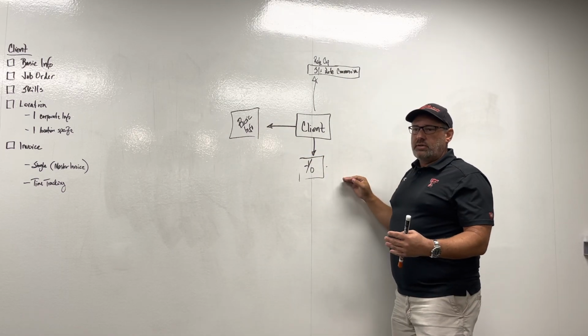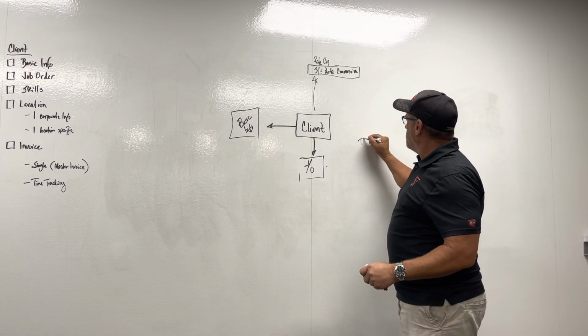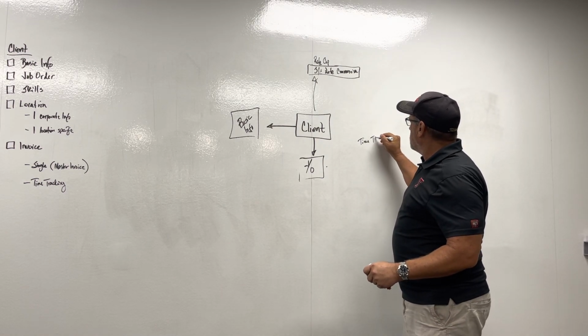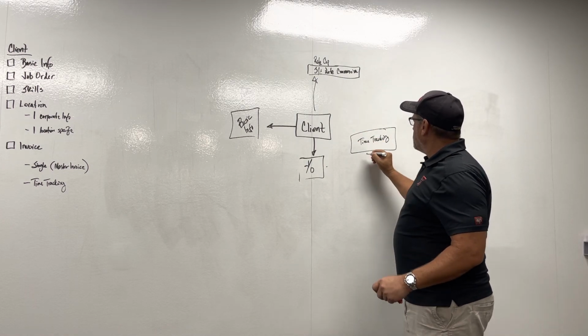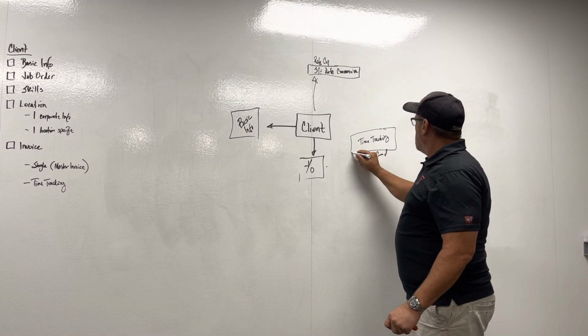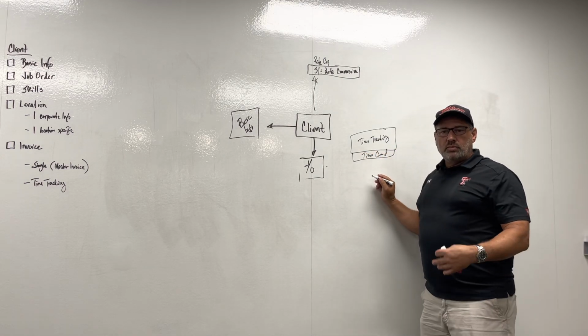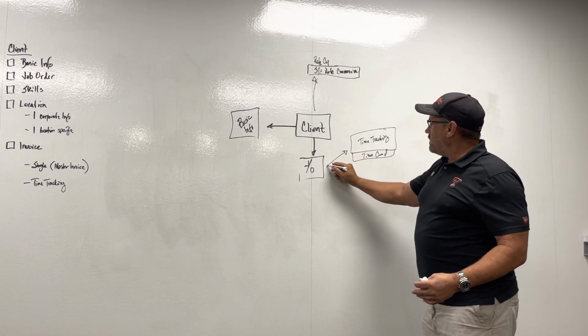And from there, we will have time tracking. So this is basically the time card. And there will be approval components to this. So that's one aspect of the time card.